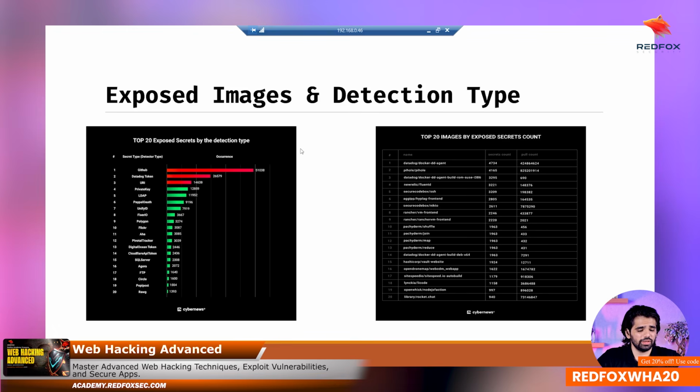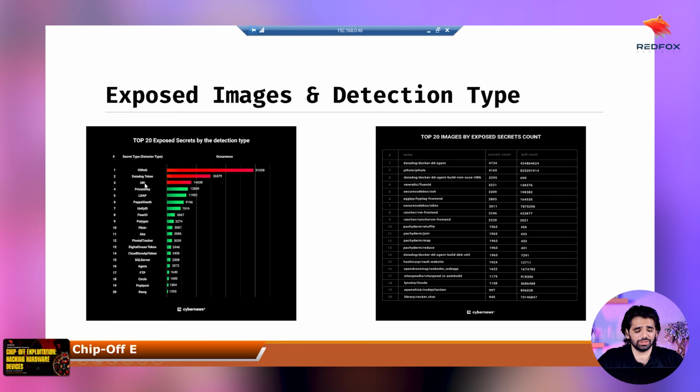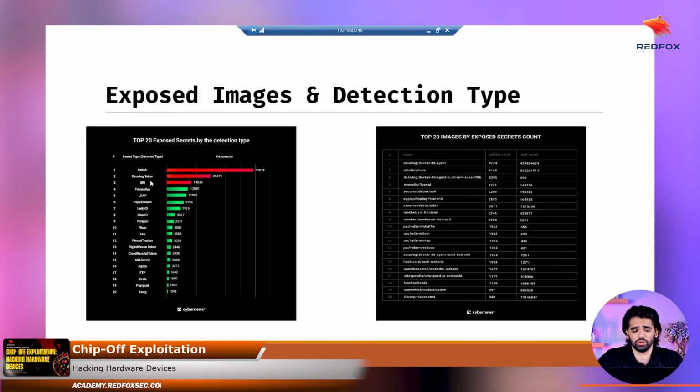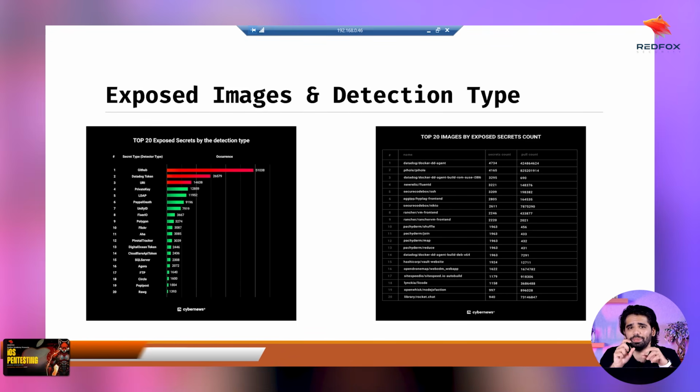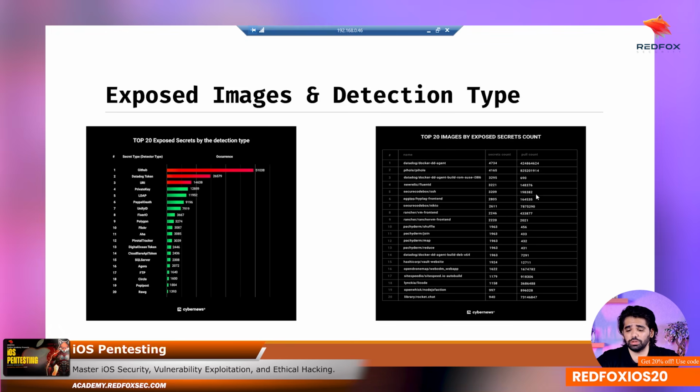And here we have the top 20 exposed secrets. First one we have GitHub API tokens, then Datadog tokens. Datadog is used for monitoring purposes, so we have Datadog API tokens. Then we have FTP credentials. So here if you see, one basic API key leakage or sensitive credential leakage will impact much at the larger level, since these containers are being used by multiple people.